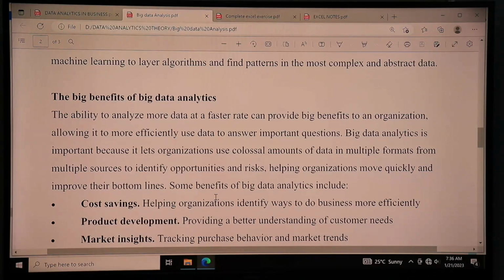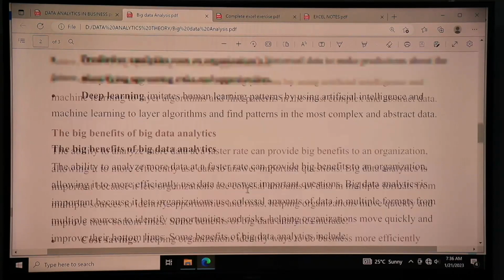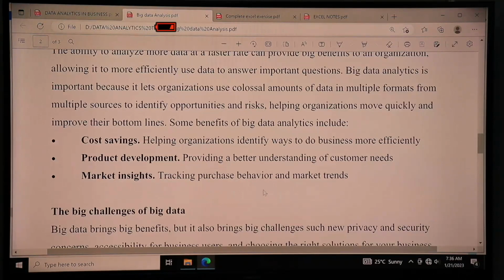So once we have such a tool, it is able to gather information of a business from various aspects and bring this information onto one platform. And once you have this, you'll be able to understand more about customers' needs across the board.